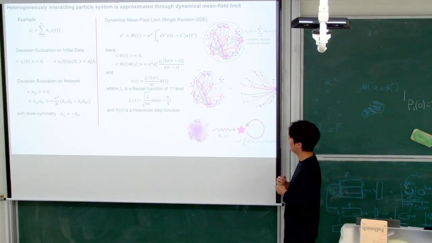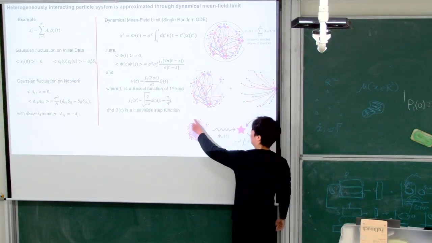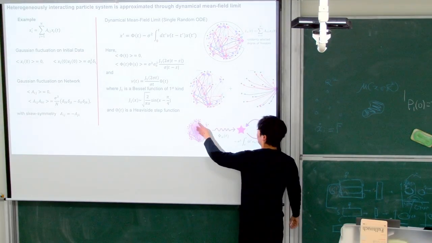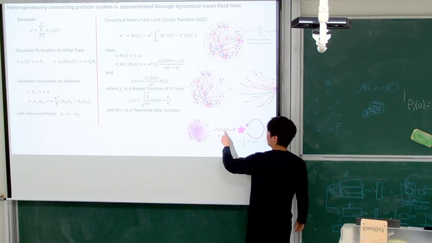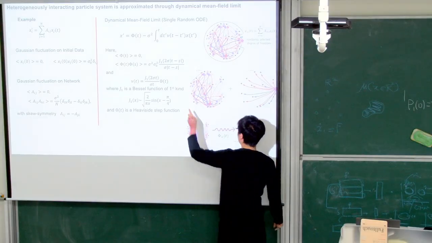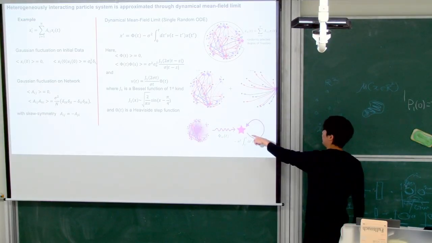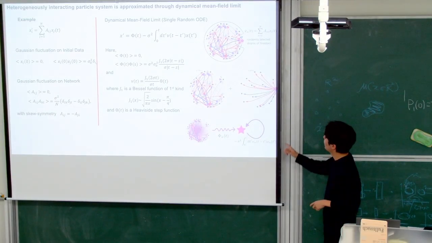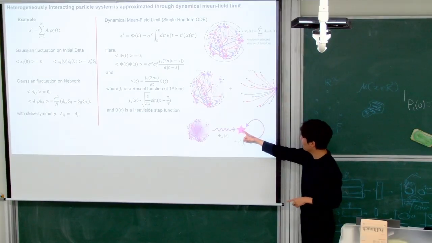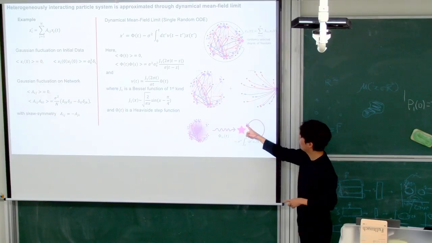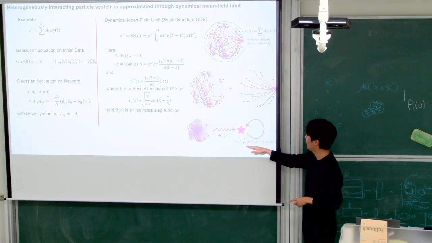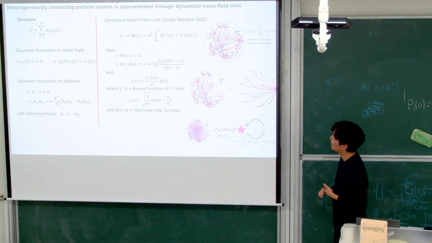Then at the end, the forces without each particle become the source term phi that is applied to that particle. And here it becomes something like a force to itself. So that's why it becomes something like a memory effect.